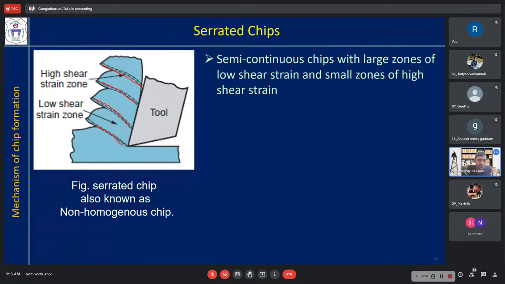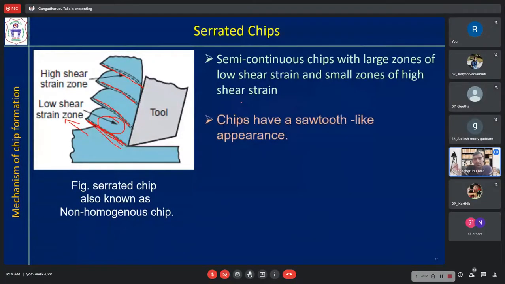That means at some location here, shear strain is very high, so that's why it is pushed away. In the in-between area, the strain is less. If that is the case, you are getting the serrated chips. Chips have a sawtooth-like appearance. That is this one.